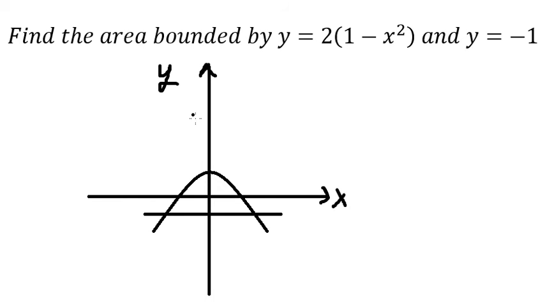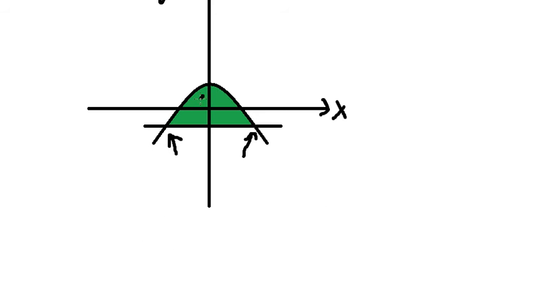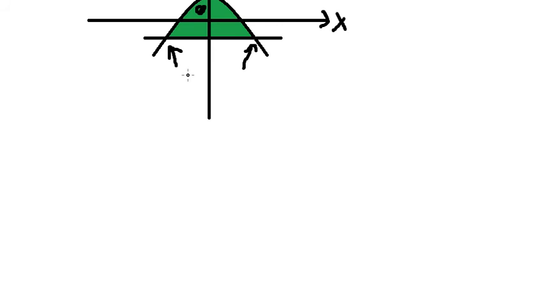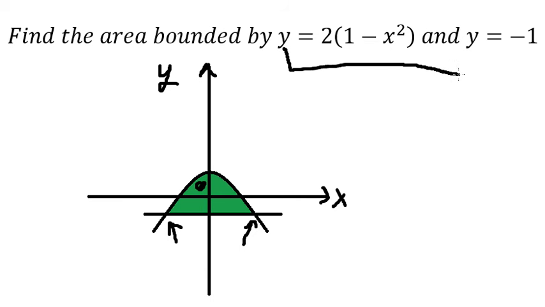Now, the area we need to concentrate on is this one in here. So, we need to find the intersection here and here. We know that if we want to find the intersection, we have y and y in here.